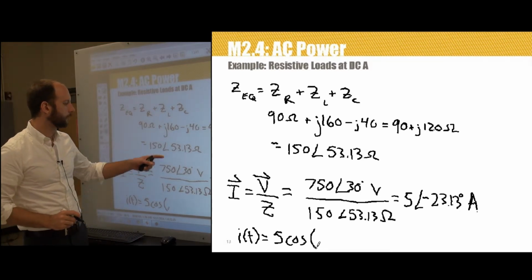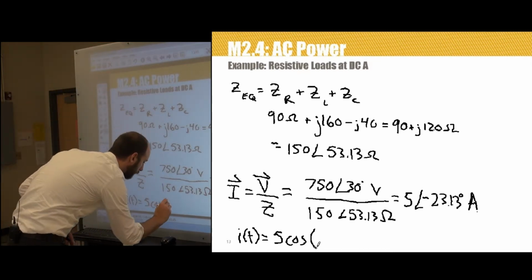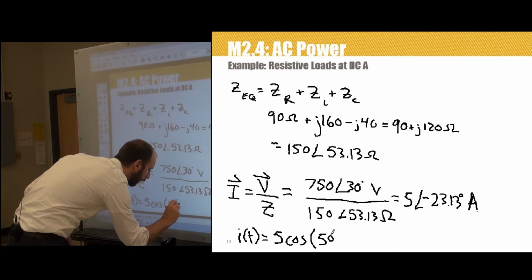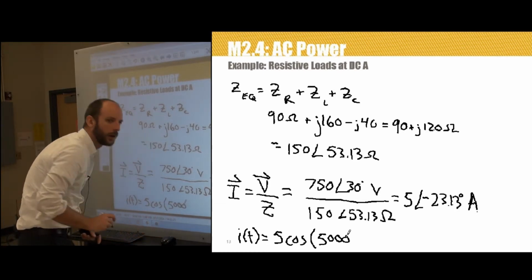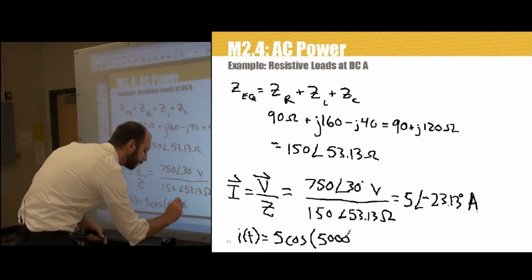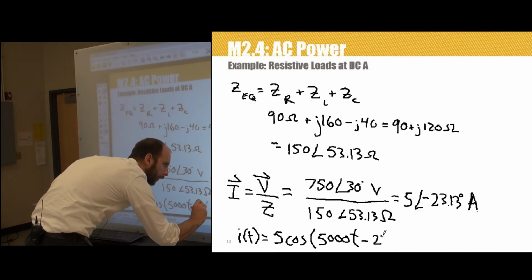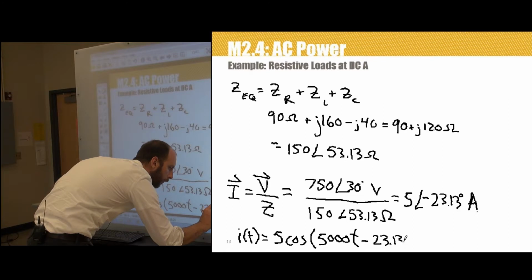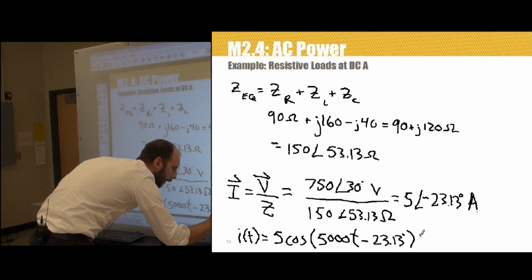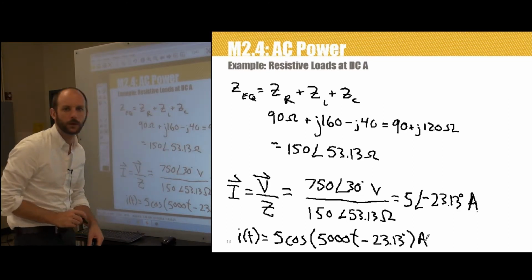And then I write my omega, which was 5,000, given in the problem statement. Multiply that by time. And then I account for the phase shift, minus 23.13 degrees. And that's all in amps. Right?